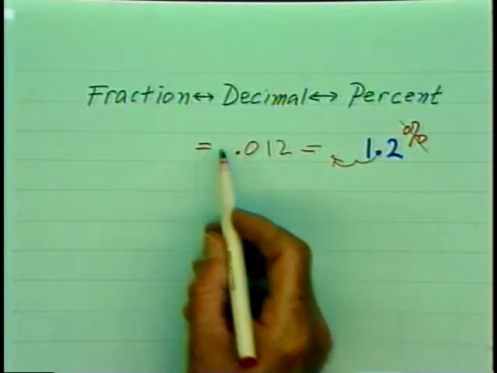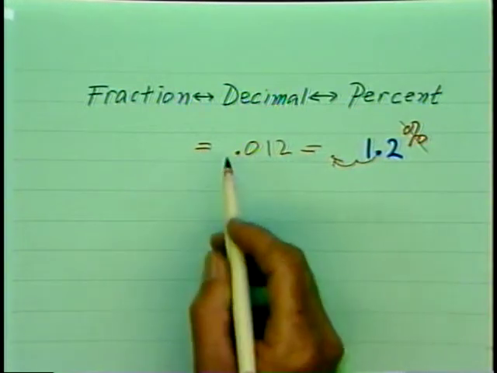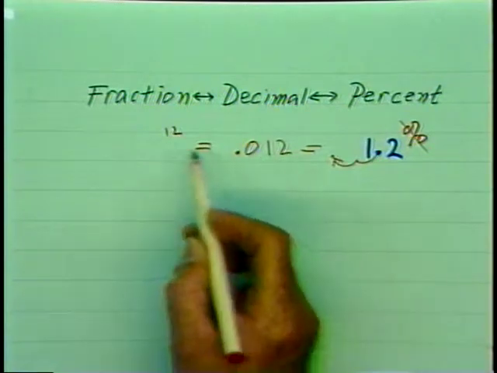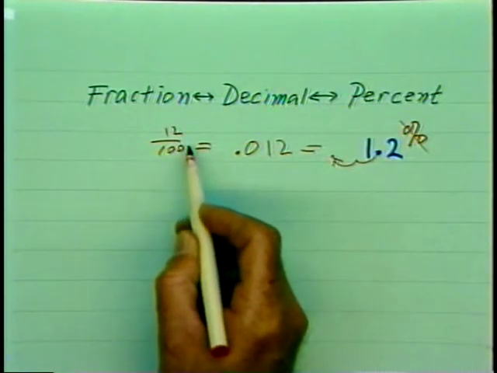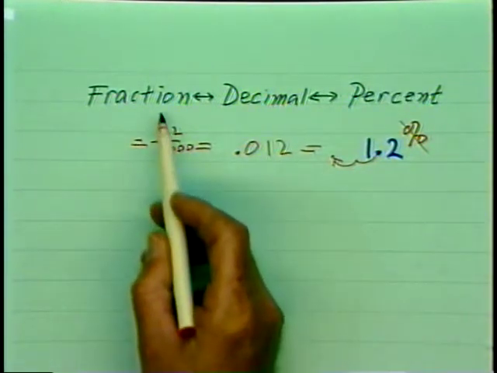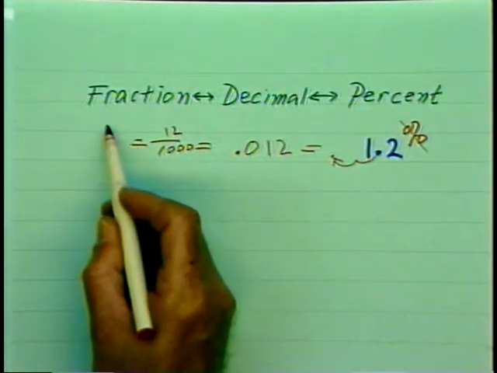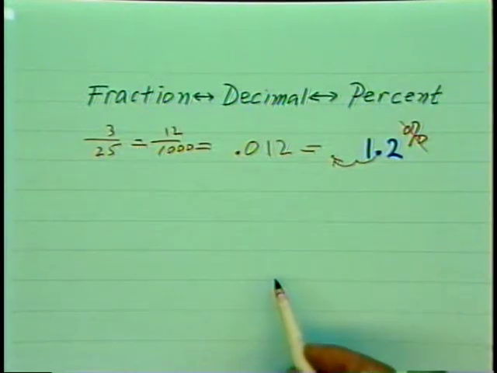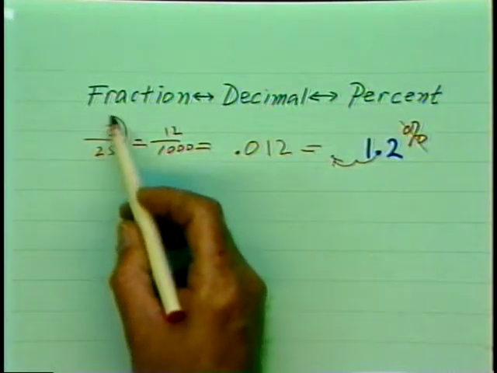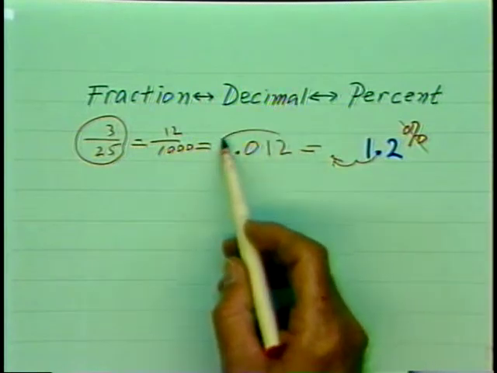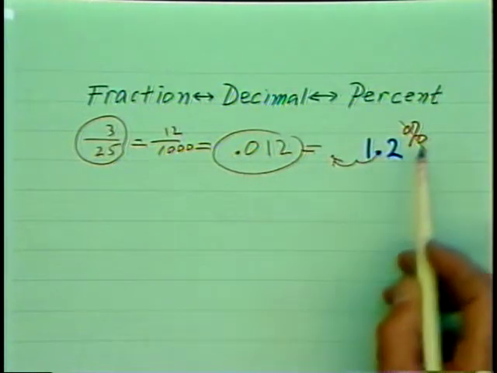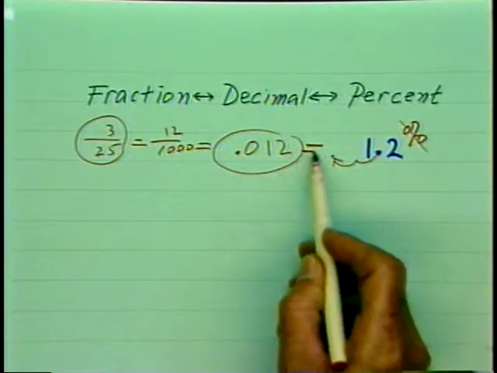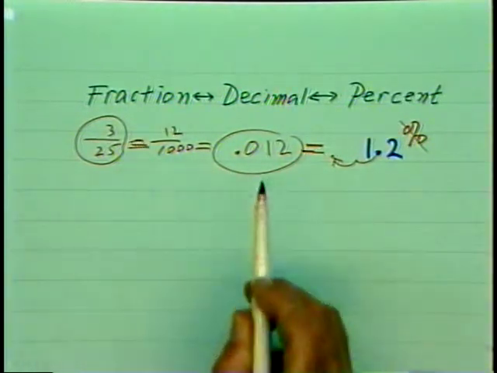Then from here it should be easy to go to the fraction that, after all, reads 12 1,000ths. Then we reduce it, in this case top and bottom, by 4. And we get 3/25ths. So 3/25ths, the decimal 12 thousandths, and the percent 1.2% are three equivalent ways of saying the same amount.